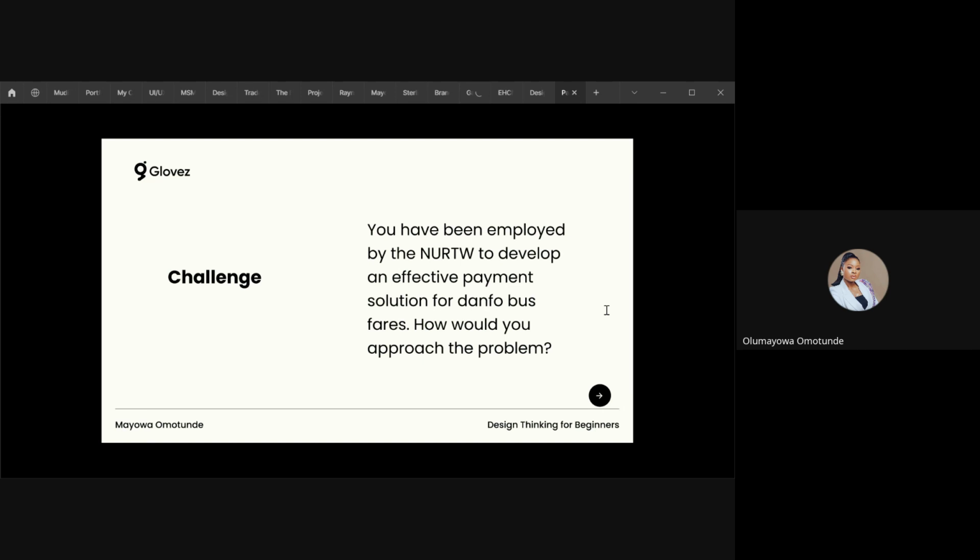The solution you come up with might try to eliminate the job of conductors, and there will be people fighting you about that. So you build a solution that is good but nobody wants to use it, because people still want the bad system that is in place. Do you get? So you need to carry out your research and understand the needs and pain points of all the stakeholders involved.